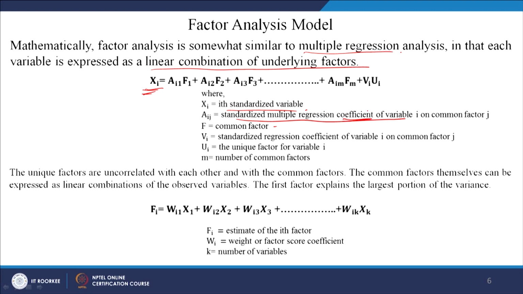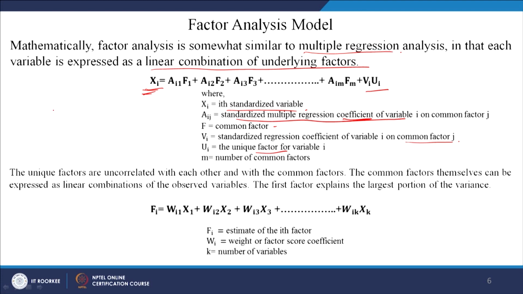As you have by now understood the coefficient, like the slope, the beta coefficients, right. So, Aij is the standardized regression coefficient of variable i on common factor j, and Ui is the unique factor. Now, there are two terms, the unique factor and the common factor.